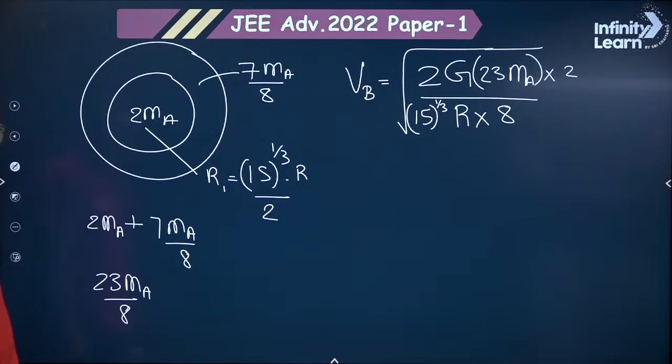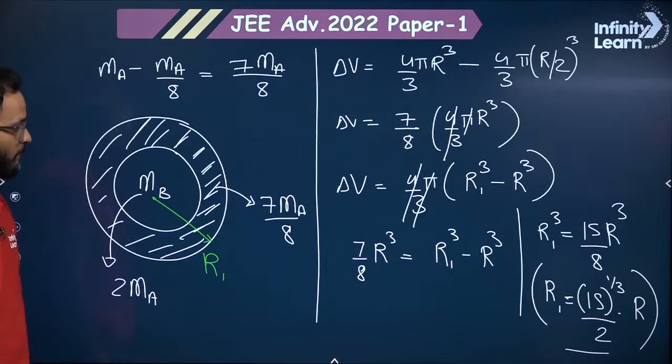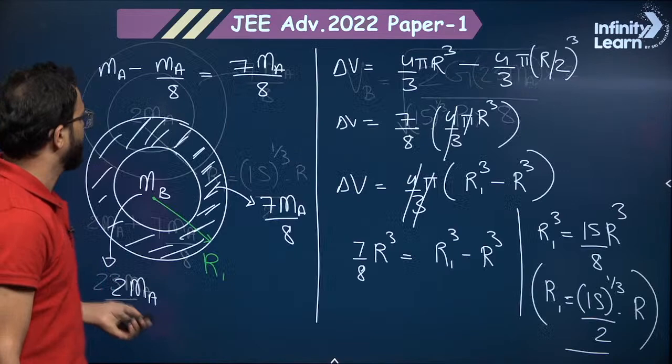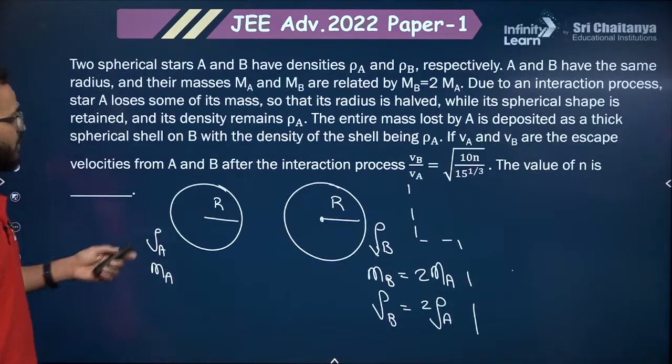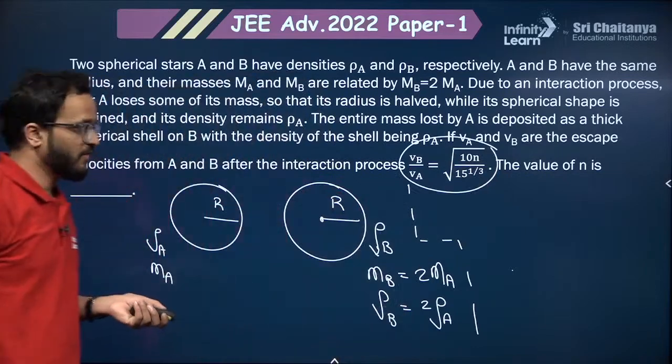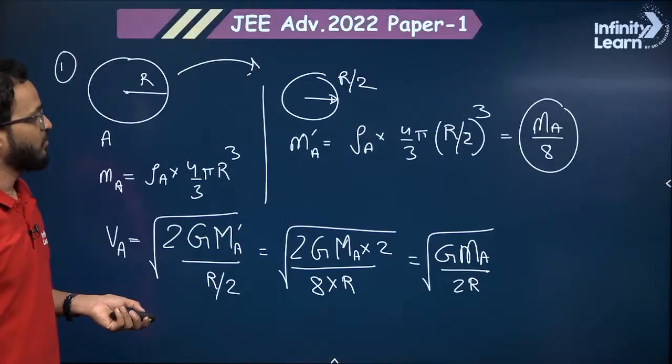Take 23 Ma by 8. From here you can solve it and match the answer. You take the ratio Vb by Va now.